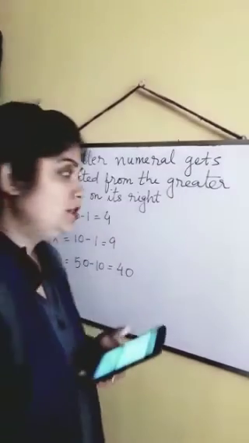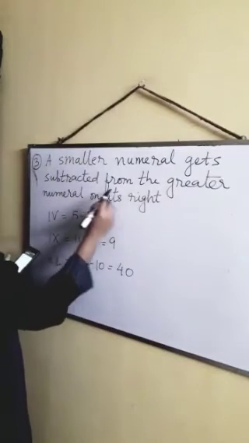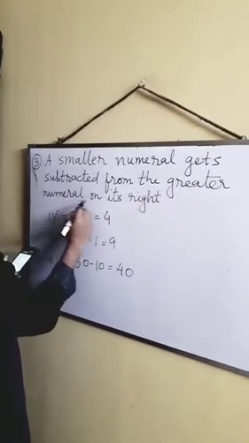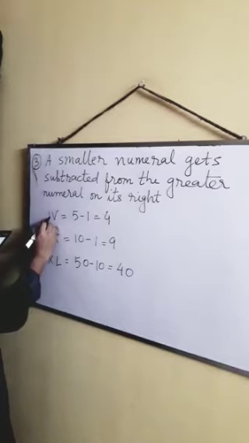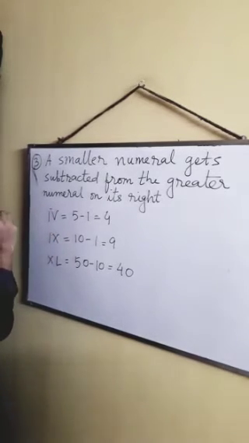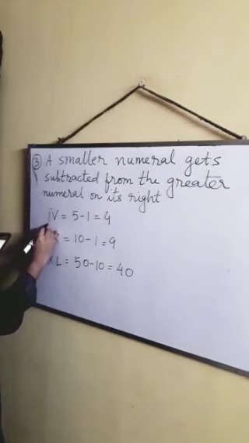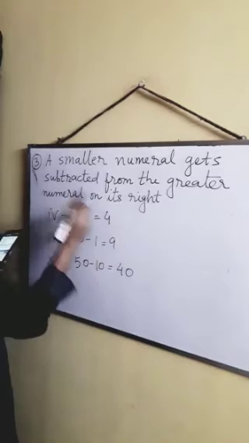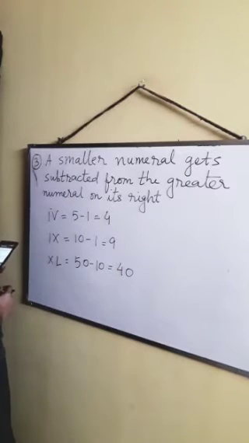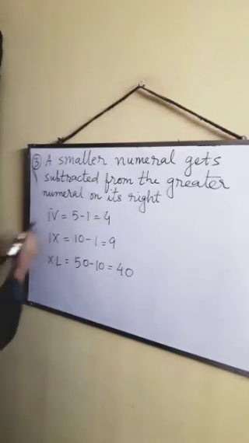Rule number 3. A smaller numeral gets subtracted from the greater numeral on its right. When we write the smaller numeral on the left side of the greater number, so the bigger number is on the right side of the smaller numeral, then this smaller numeral gets subtracted from this big number.